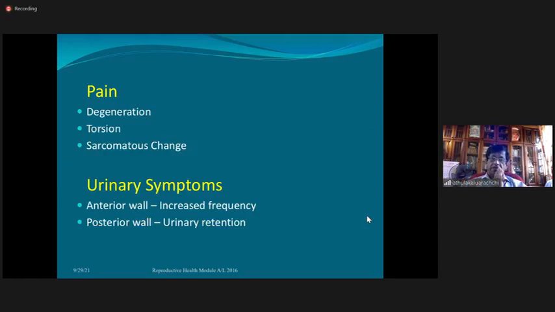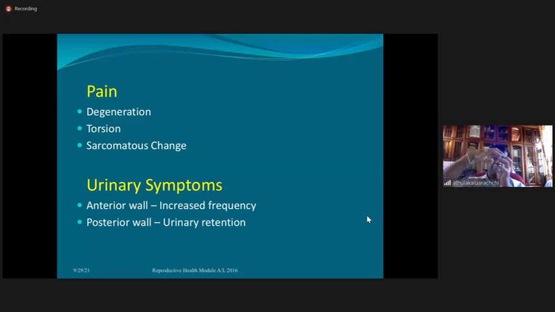Now, other symptoms that fibroids can cause, I said, is pain. Pain can occur if there are degenerative changes. A good example is when somebody is pregnant and has fibroids during pregnancy, they can undergo what is called red degeneration, and that can cause pain.